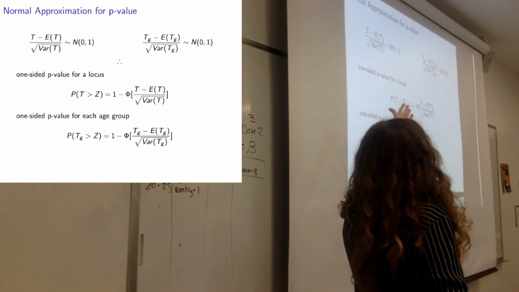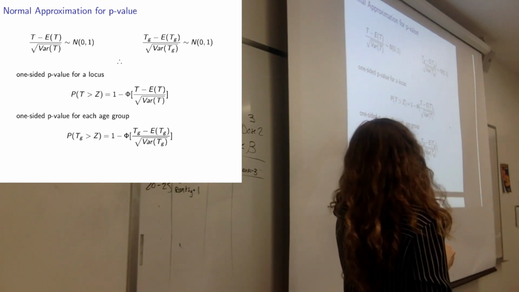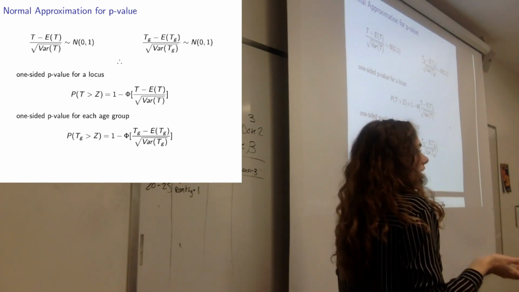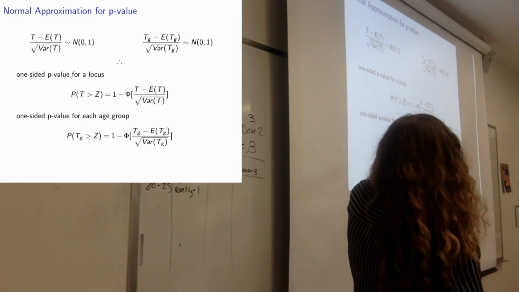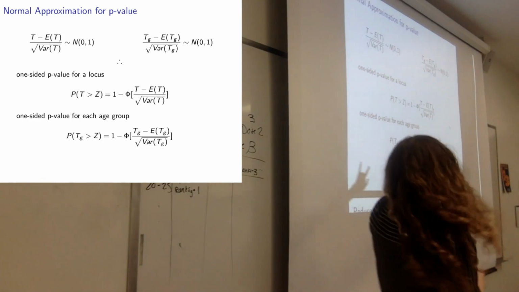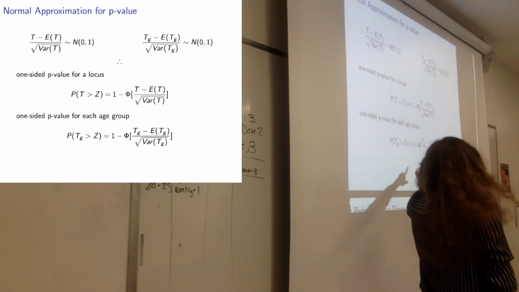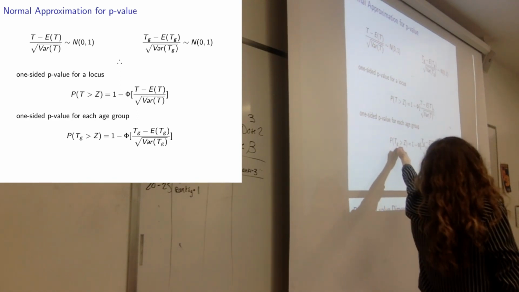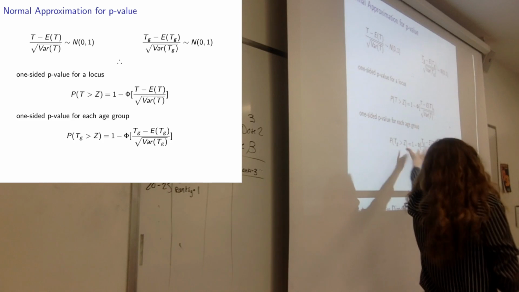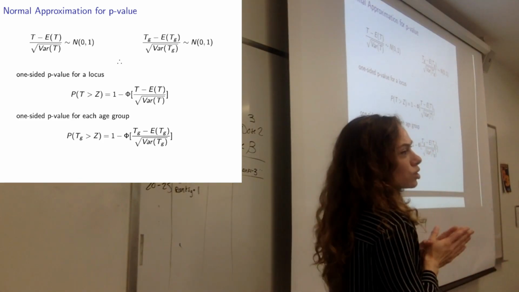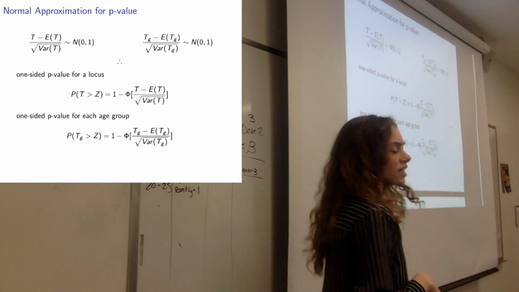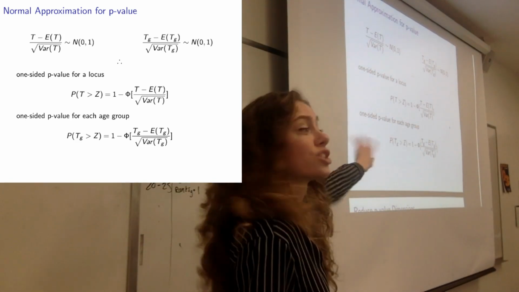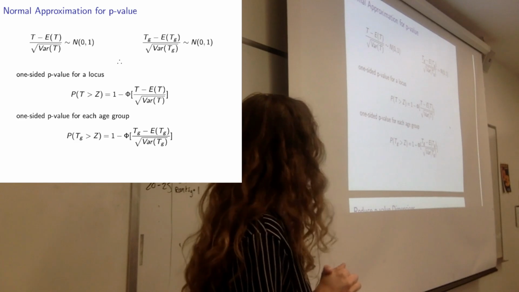If you do T_G minus the expected value divided by the standard deviation, you expect that asymptotically to be about normally distributed. And so that means we can get a one-sided p-value by just using the CDF of a normal. So the probability of this test statistic being larger than Z, you use the CDF of a normal. So that makes sense. So we're getting a p-value by just using the normal distribution.